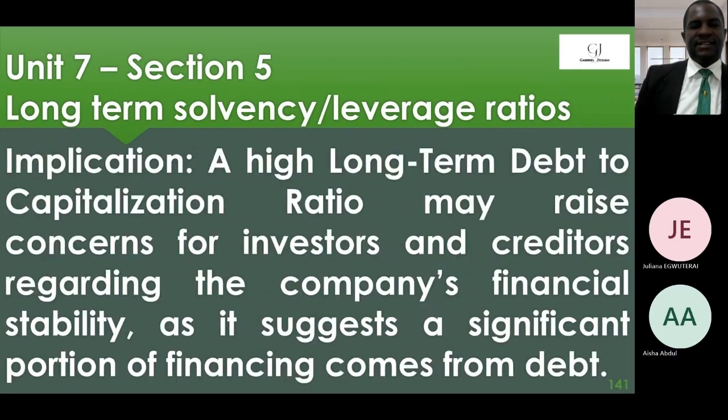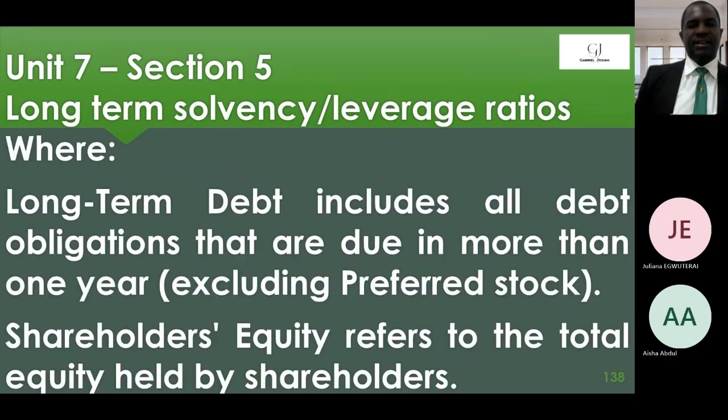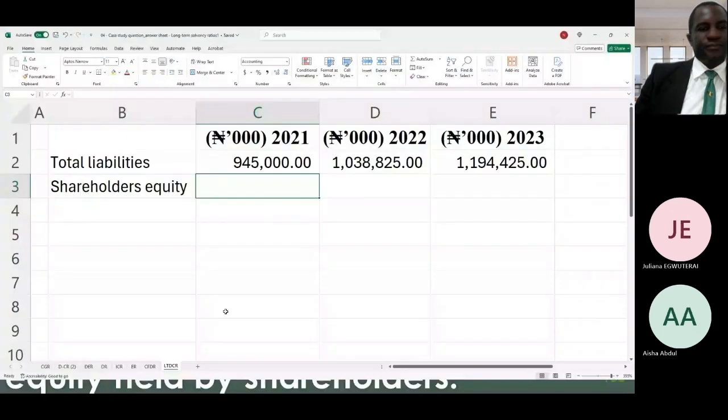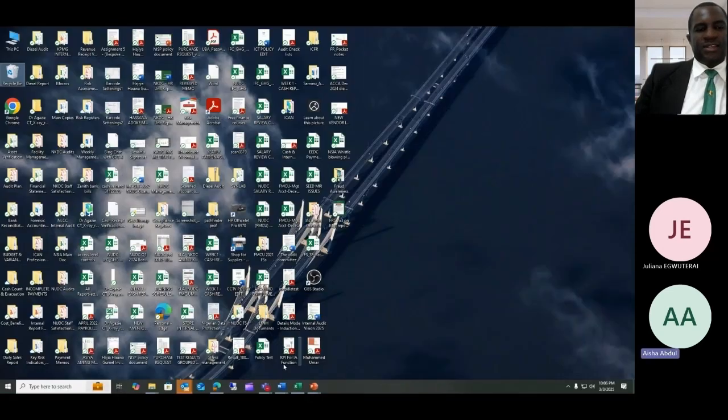Yes, it's the shares. Just see it excluding preferred stock. Only the stock, yes. So when it comes to our denominator, this shareholders' equity, that's where we exempt the preference stock.